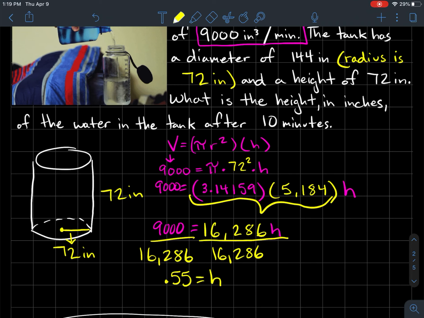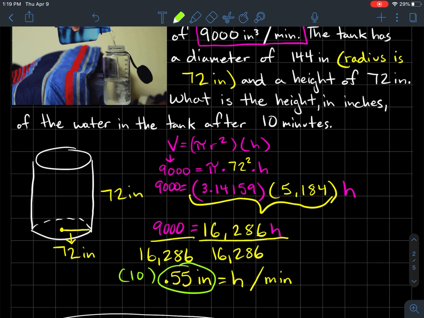But now let's take the time factor into consideration. That's 0.55 inches in height, but per what? Per 1 minute. According to the reading, how many minutes was it going to be poured? 10 minutes. So all we're going to do is take this number here and multiply it by 10.